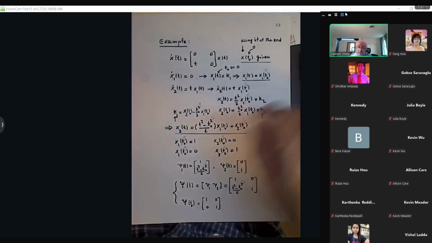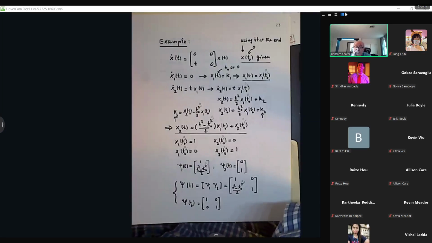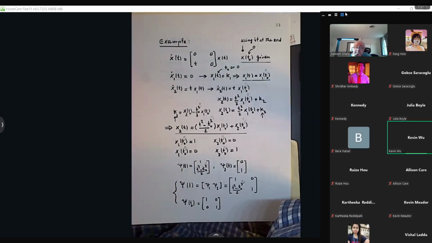So those are the best methods. Why do you want to go to the Jordan form and so forth? I was more curious just how I would use the third method, because I don't think the homework had an example of that.